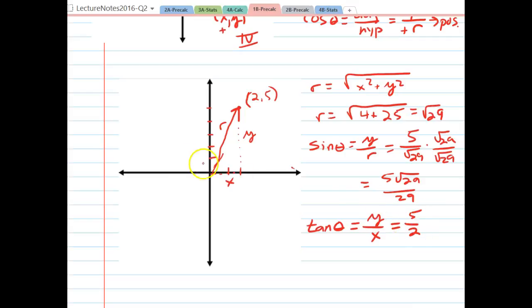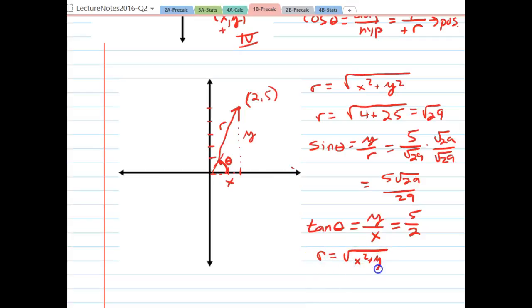So the tangent of whatever this angle is right here, again I didn't mark this, but that's the angle theta. Whatever that angle happens to be, which we'll look at later to see how we would determine it, its tangent is going to be 2.5 or 5 halves.